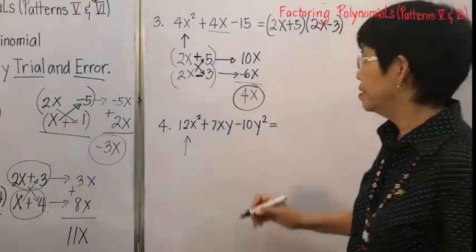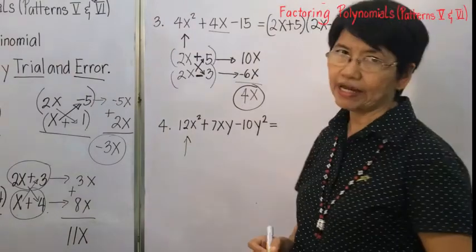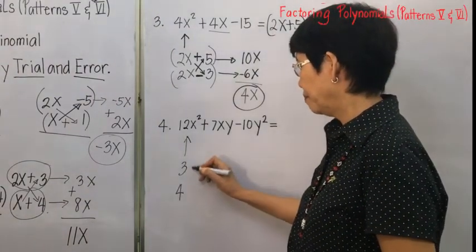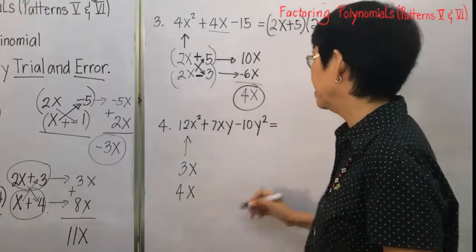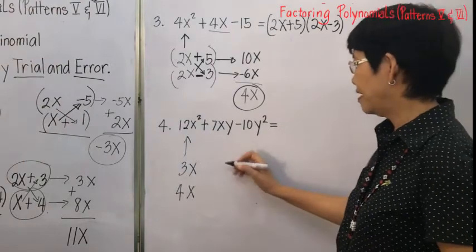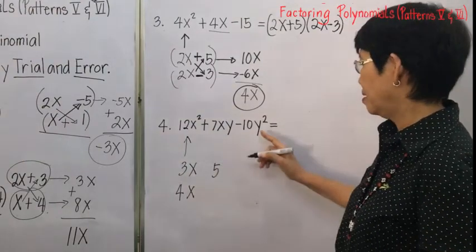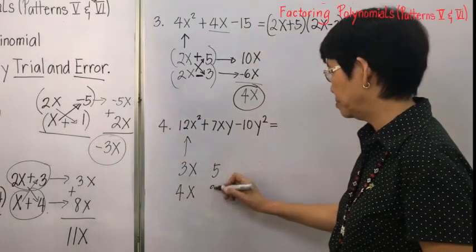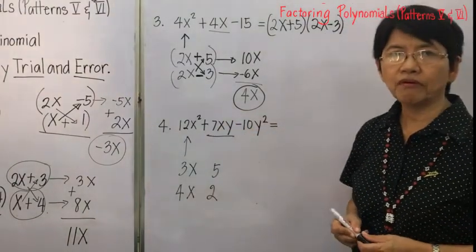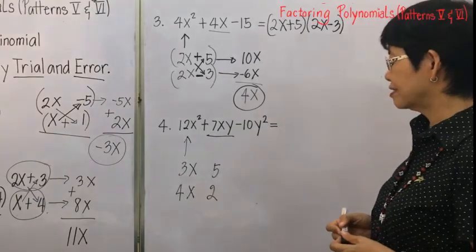12x squared. So we can factor that as 3 and 4x, and negative 10, 5 and 2. We should have a middle term of positive 7x.